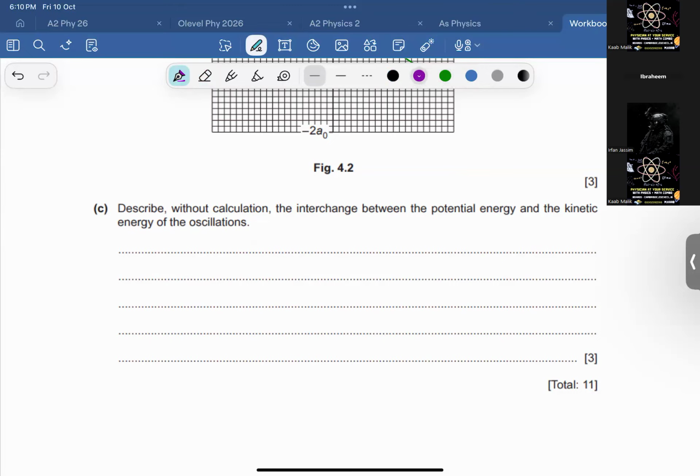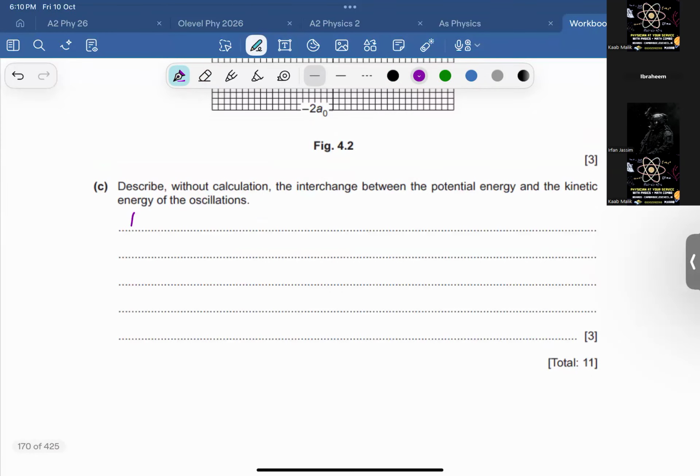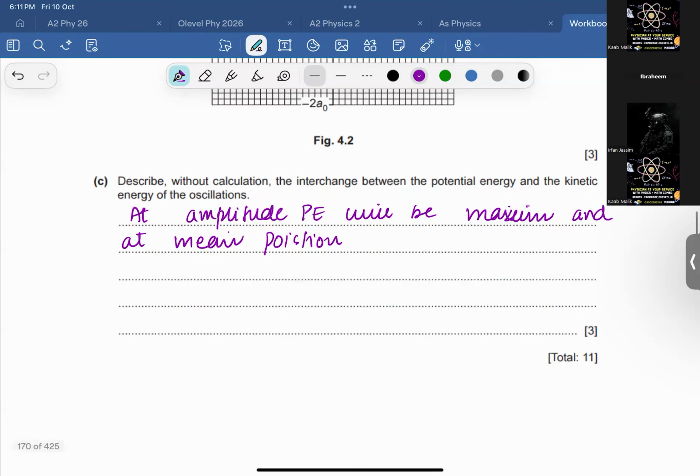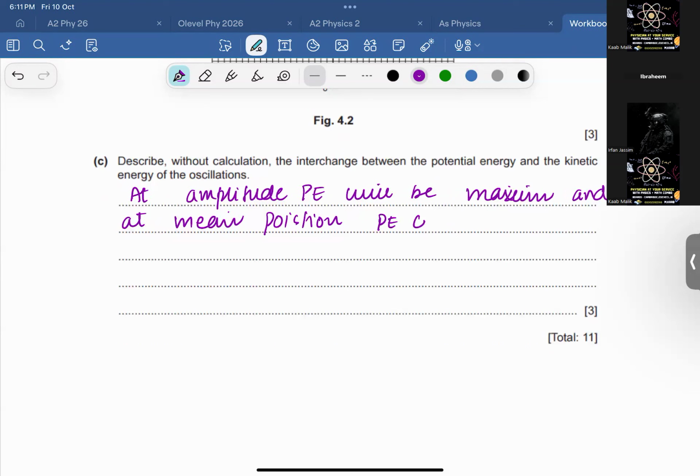For this one, we know that at the amplitude, potential energy will be maximum, and at the mean position, PE converts into KE.